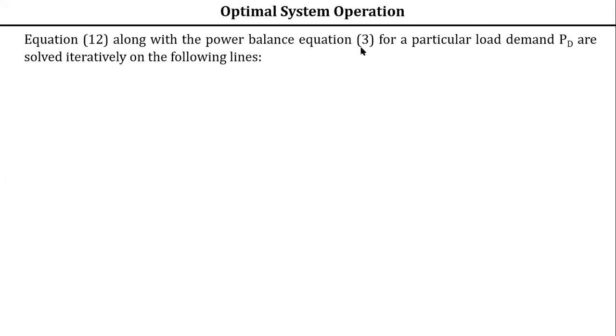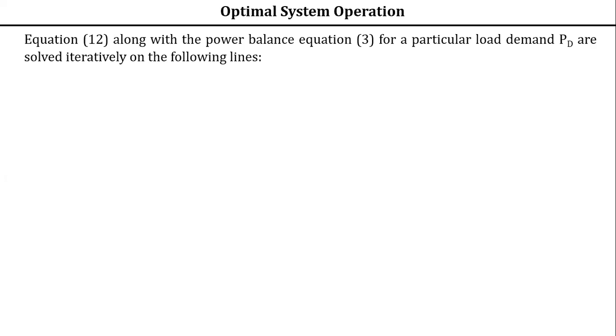That we have already represented in the optimization problem, that is in equation 3. For a particular load demand PD, these are solved iteratively on the following lines. Understood? So equation 12, the final equation we got for PGi, along with the power balance equation, that is the equality constraint which we have considered including the transmission loss, is to be solved for a particular load iteratively.